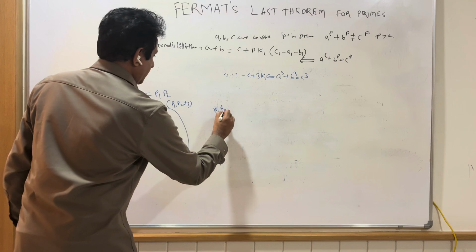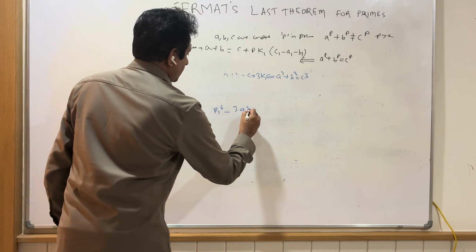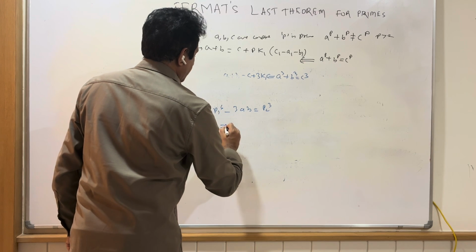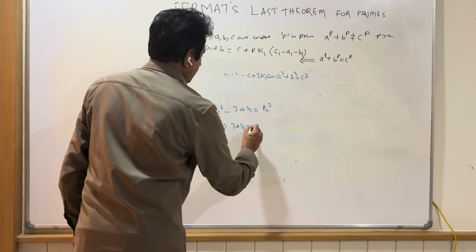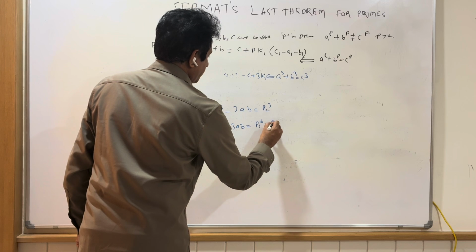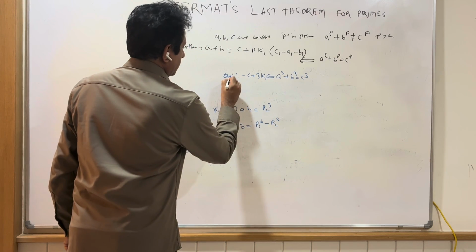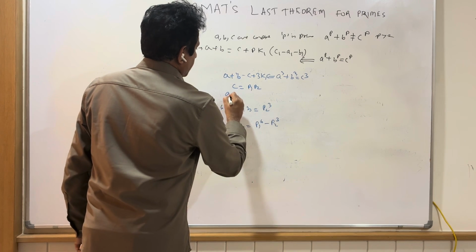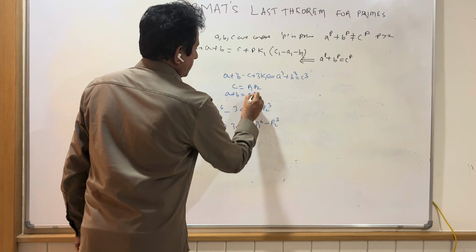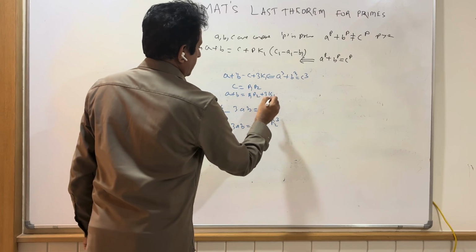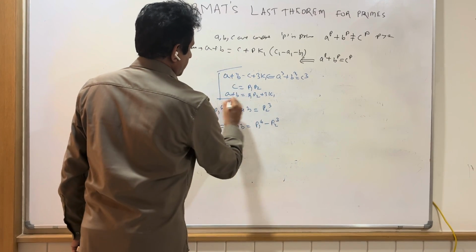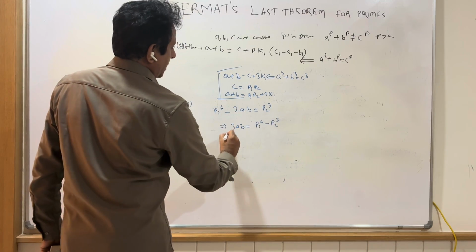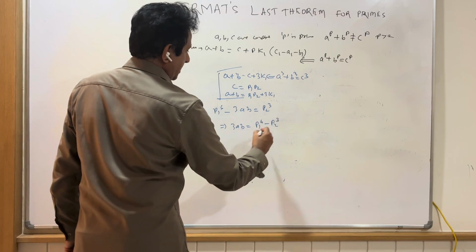So p1 power 6 minus 3ab is equal to p2 cube. This implies 3ab is equal to p1 power 6 minus p2 cube. Again, c is equal to p1 p2, and a plus b is equal to p1 p2 plus 3k1. So we need to keep this in mind. Now p1 power 6 minus 3ab is p2 cube, so 3ab is equal to p1 power 6 minus p2 cube.